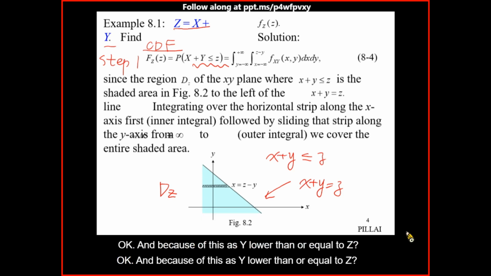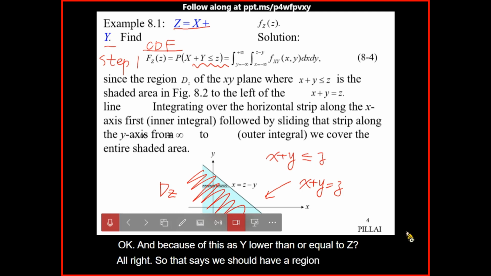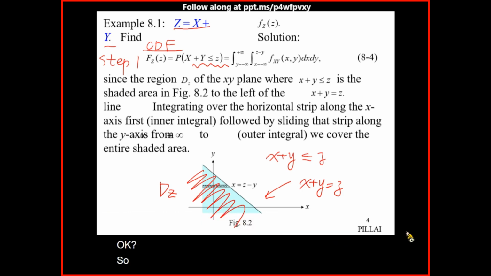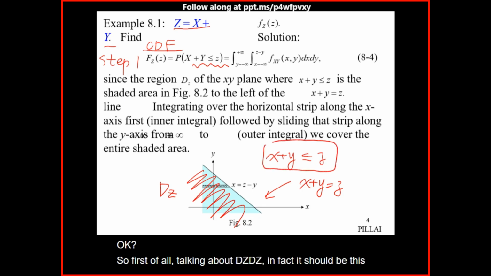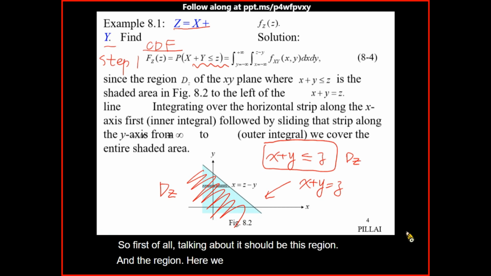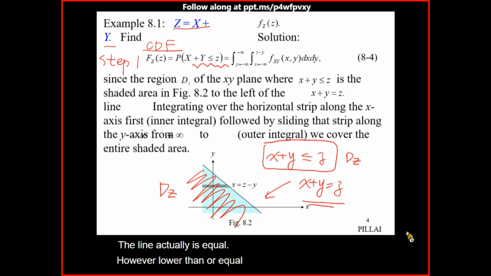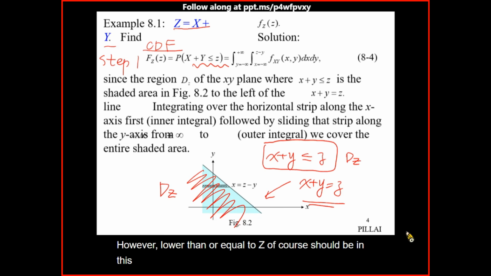So we should have a region here. The line actually is the equality, however lower than or equal to z should be this region with the shaded area. About the shaded area here, any questions?